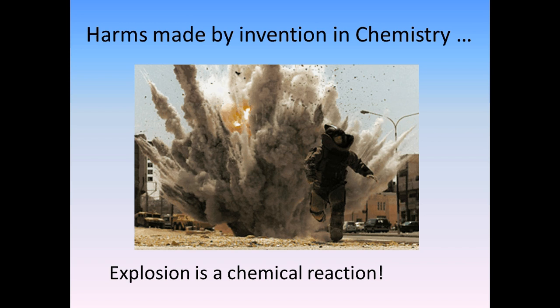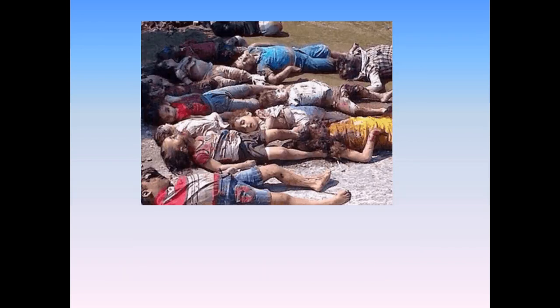Sometimes we have to demolish a building by explosion. A lot of children were killed, not because of explosions, but because of chemicals used in a war. We call this chemical warfare. These chemicals are lethal, which means they would make people die.